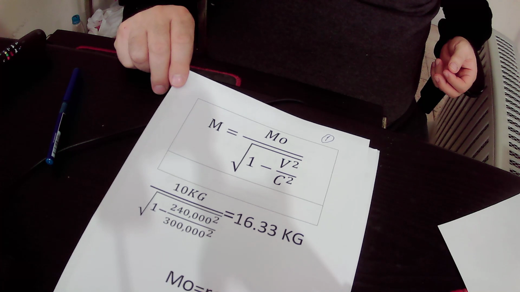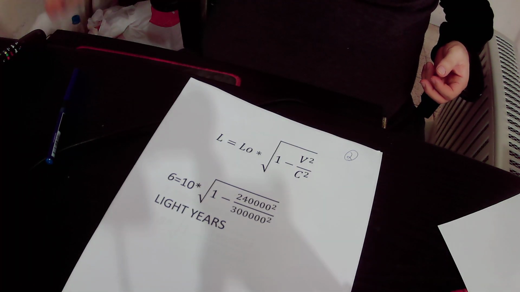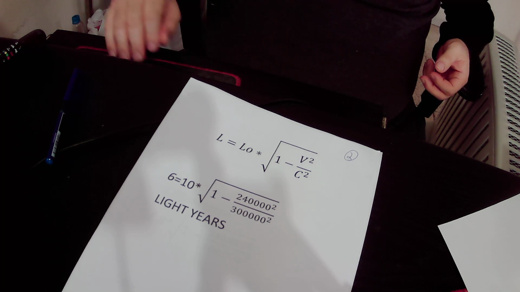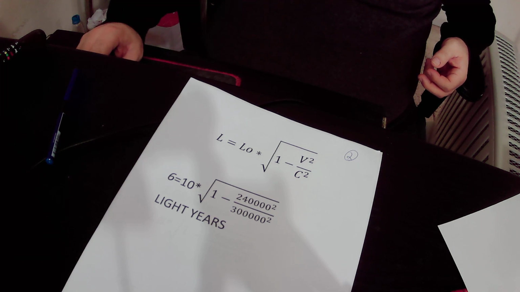Now I will talk about the second phenomenon that occurs when someone is traveling in space at a very high speed. The phenomenon is length contraction, or shortening of the distance.